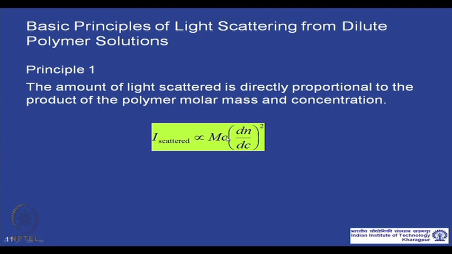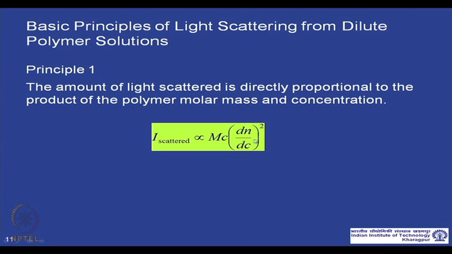This is proportional to the concentration only for dilute solutions, where the inter-solute molecule interaction is absent. Then we can add the scattering intensity from different molecules without considering any destructive interference between them.